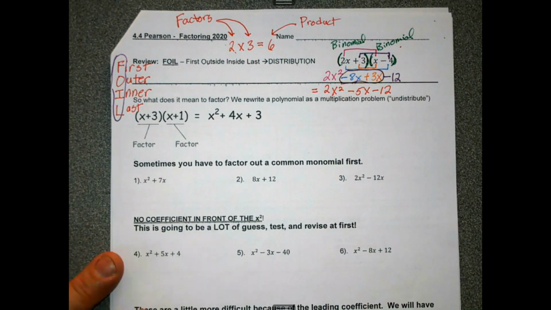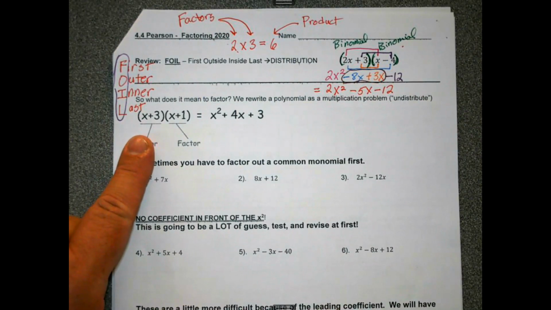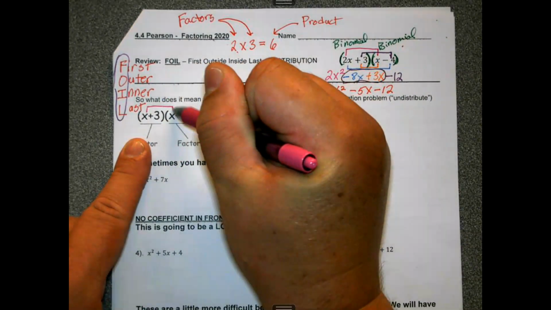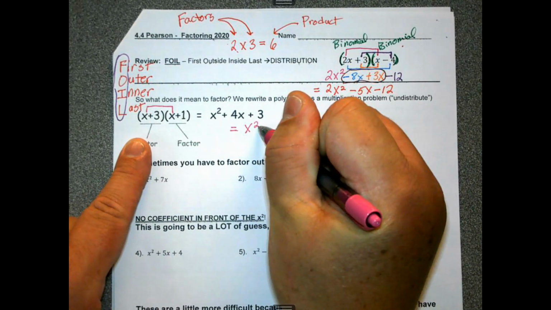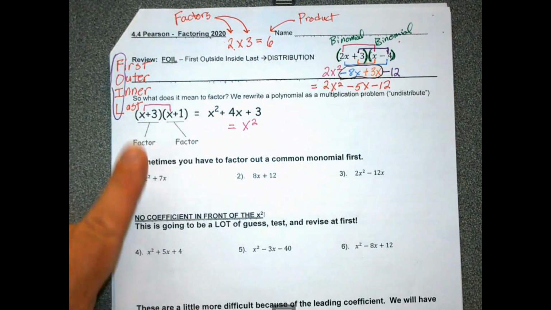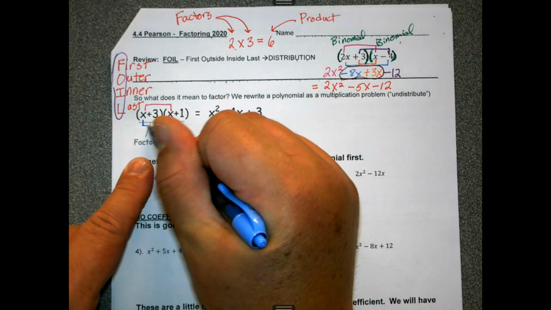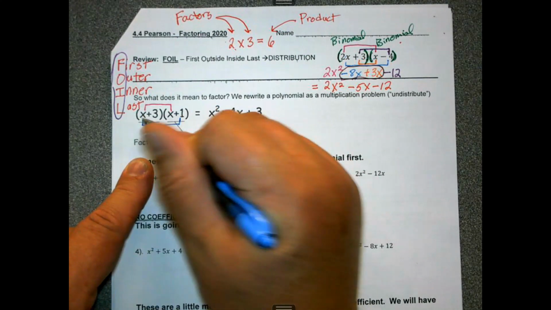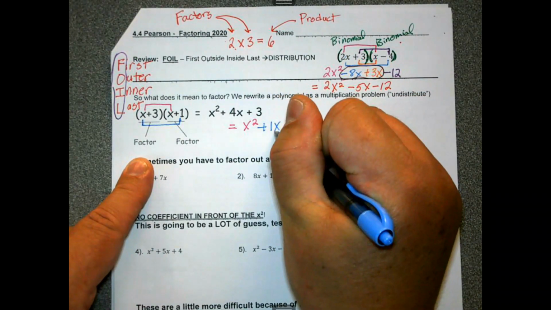Should we do another one? Let's do this one that they have set up. So first, I'm going to take the x times x to get me x squared. The outer term in the first binomial times the outer term in the second binomial, x times 1 is positive 1x.